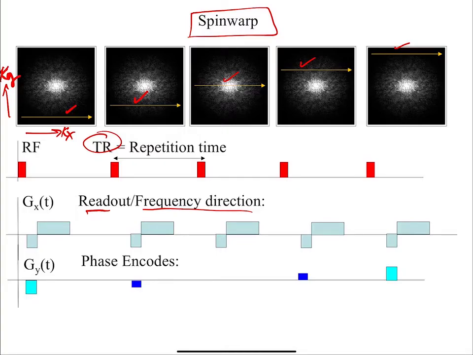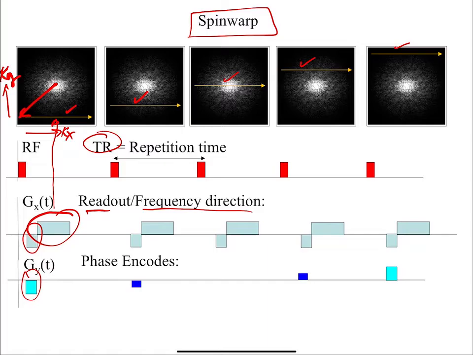Okay, so for each TR, we have an RF pulse that excites the magnetization, and we assume after the excitation that we're at the center of k-space. Then we use what are called D-phasers that take us from the center of k-space out to the start of the line. For that first repetition, I go from the center of k-space out to there, and then the readout covers the k-space for me.